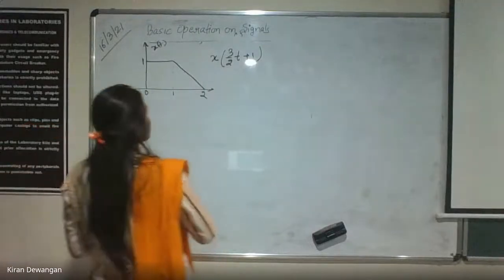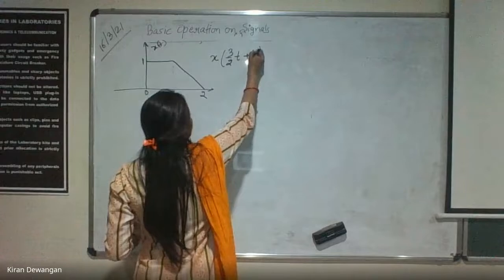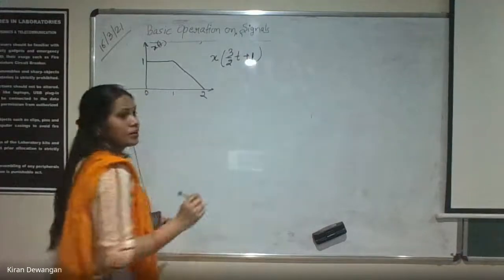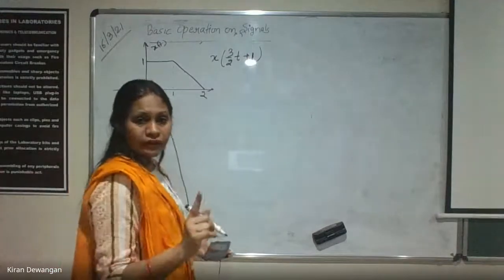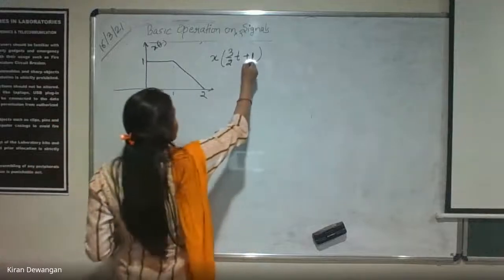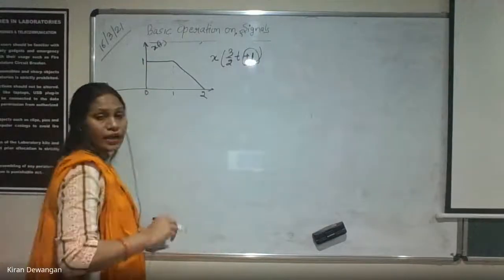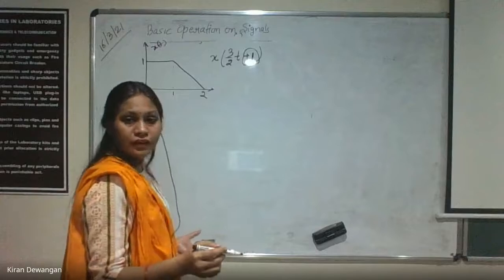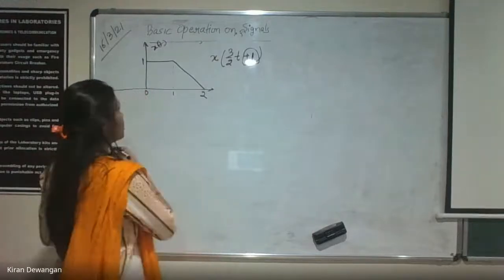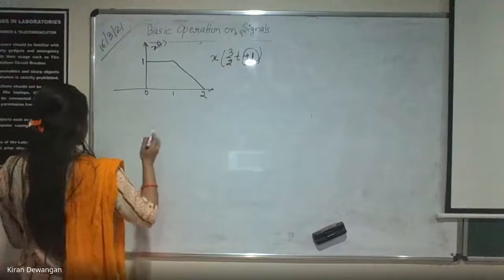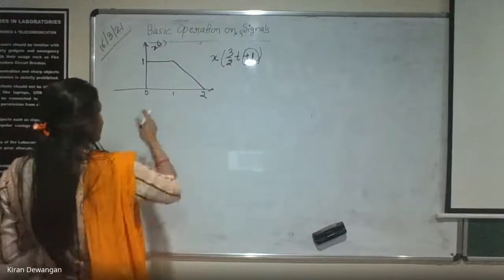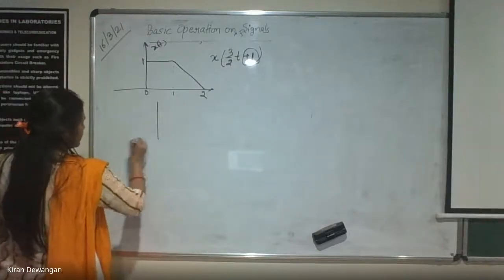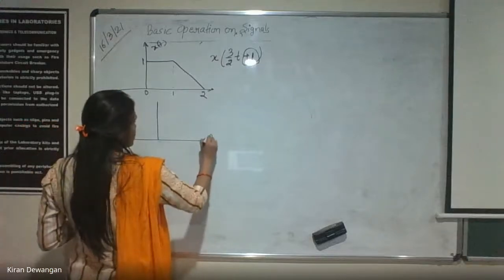How much will it shift? What is the value of beta given? It is 1, right? So it is positive 1. In what direction will it be shifted? Left. It will be shifting left. Correct.